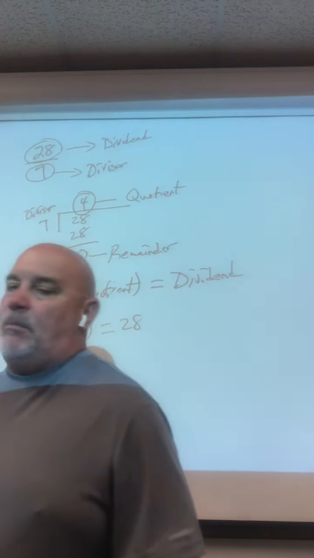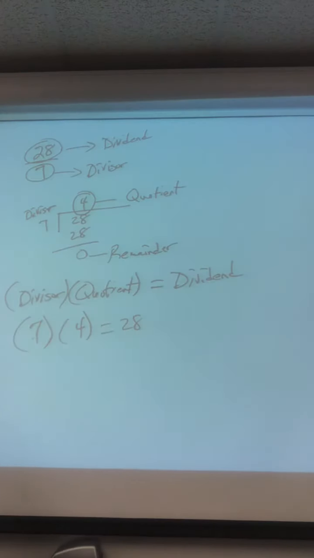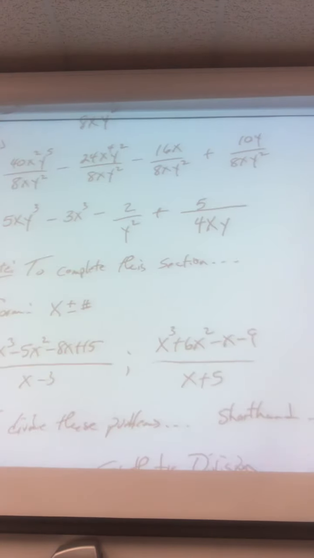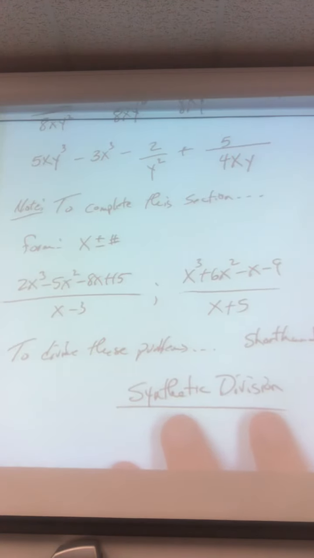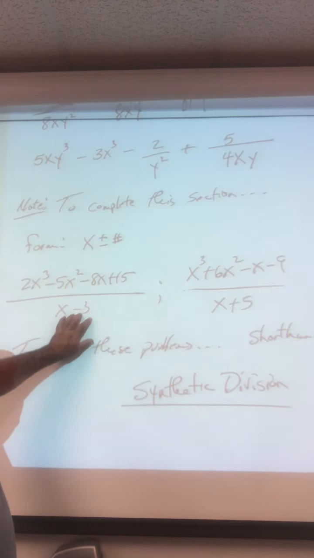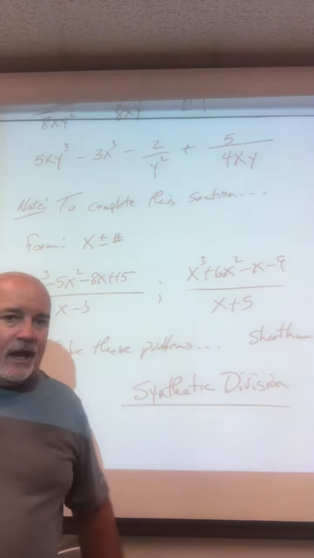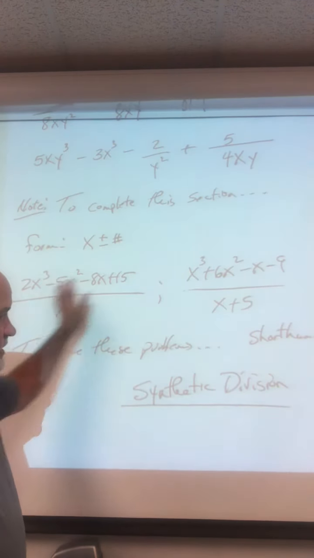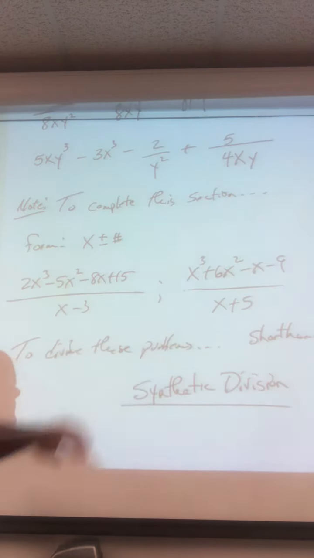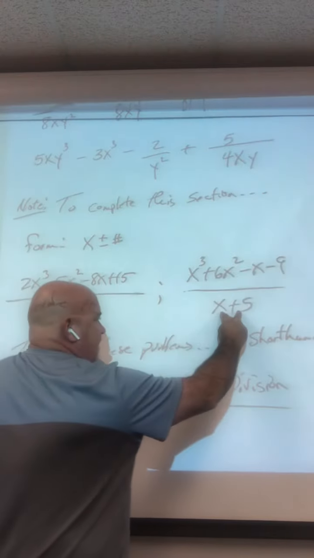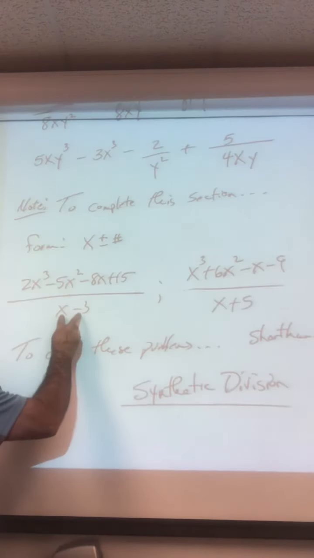Now, in these problems that I'm about to show you, let me put these 2 problems back up right here. In just a minute, we're going to look at how to divide this into this. Now, we can't do it like we just did in those other examples because this is not a monomial. So this is a completely different game. So how do I divide this into this and this into this? Now remember, it has to look like this.